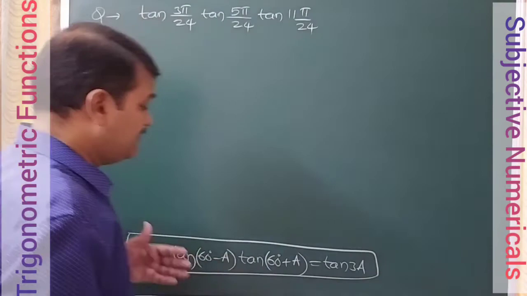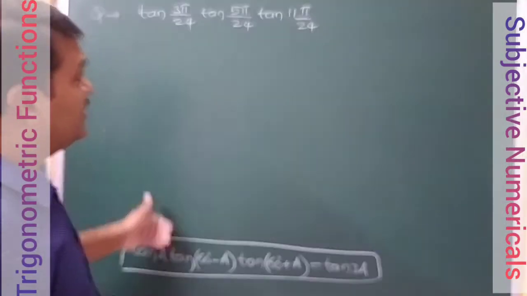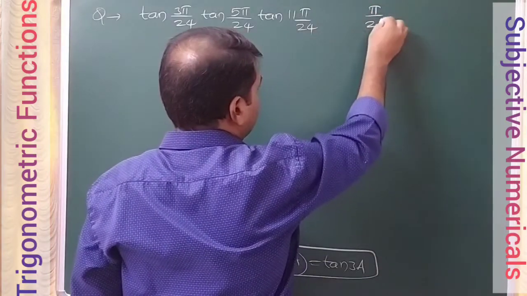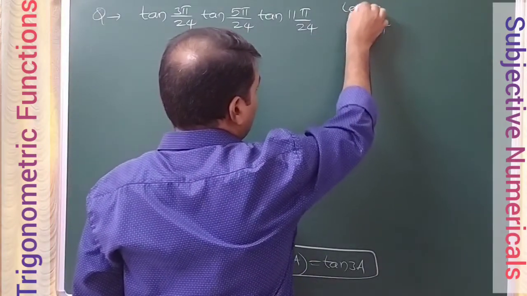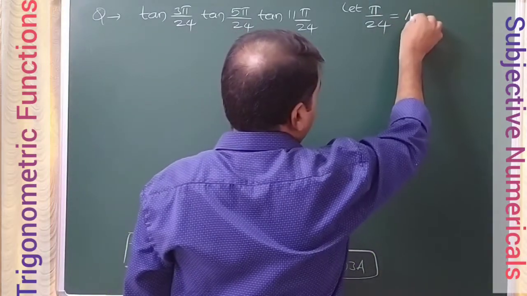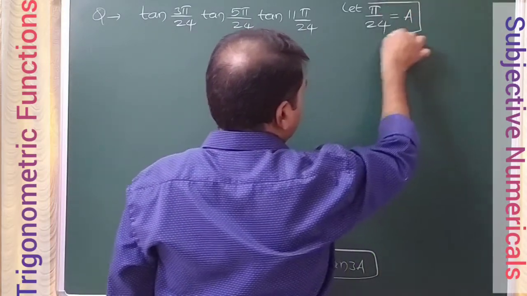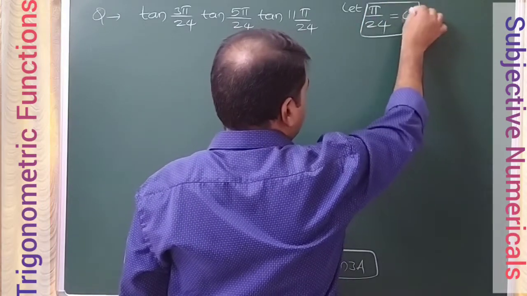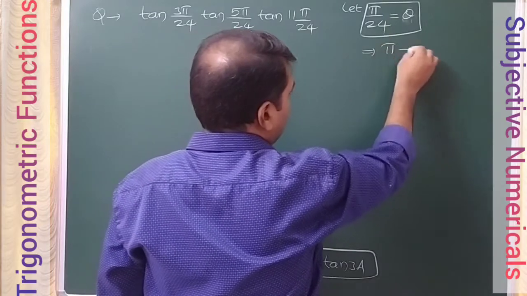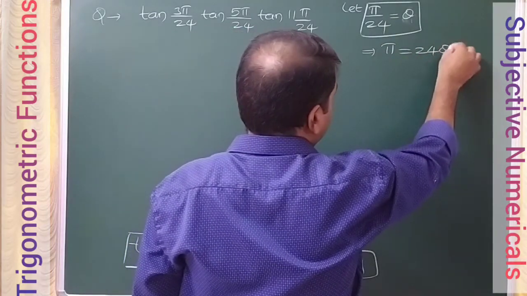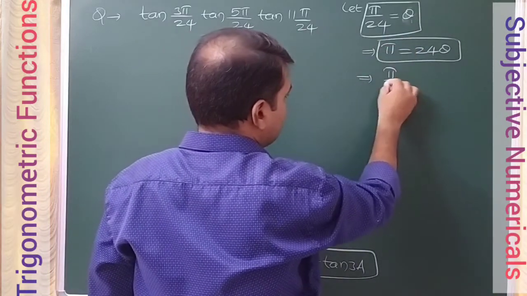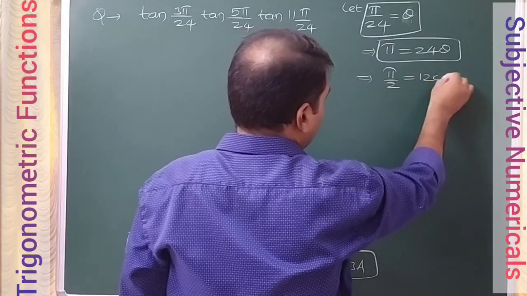Before converting into this model, let us assume pi by 24 is equal to some A, or theta, anything is okay, which means pi is equal to 24 theta, and pi by 2 is equal to 12 theta.